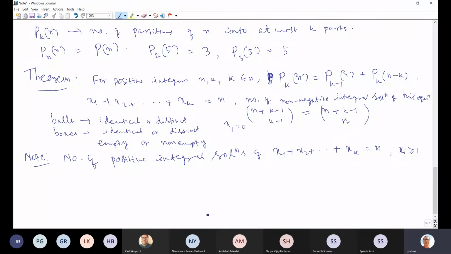Earlier xi could be equal to 0 also, but here it is greater than or equal to 1.